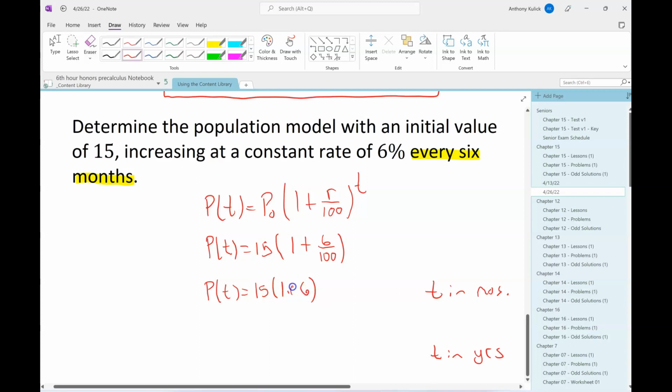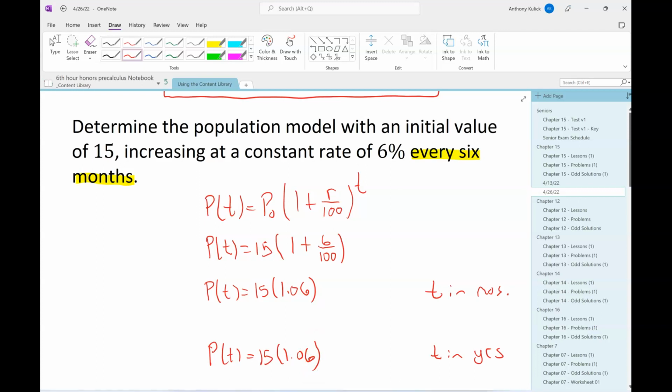So, okay, let's do the years one first. We're having a rate of change happening every 6 months, right? How many rates of change happen in 1 year? 2. So instead of writing t, I'm going to write 2t.